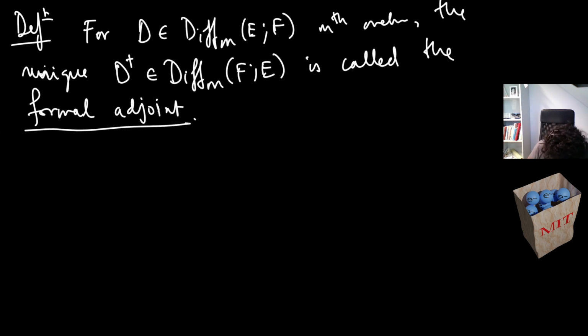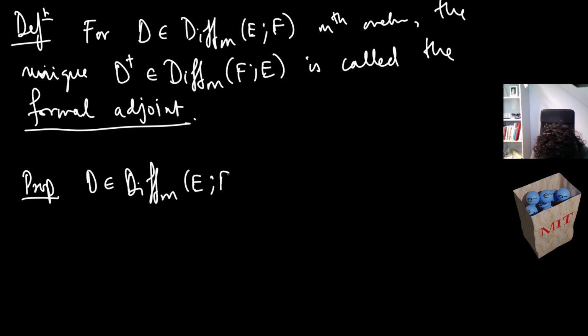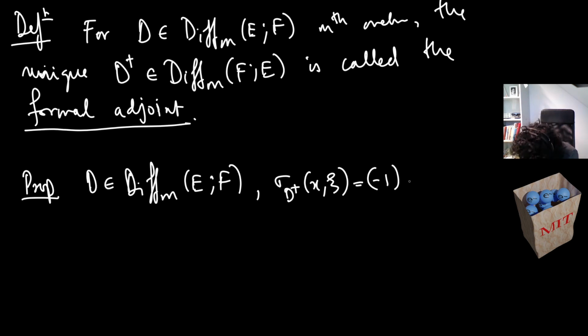So let me now also make a quick remark that allows us to calculate things, and I'll of course not prove this again. So if D is in Diff^m(M; E, F), then the principal symbol of D dagger is (-1)^m times the fiberwise adjoint of the symbol of D. So here again I'm using the dagger notation to denote the fiberwise adjoint.